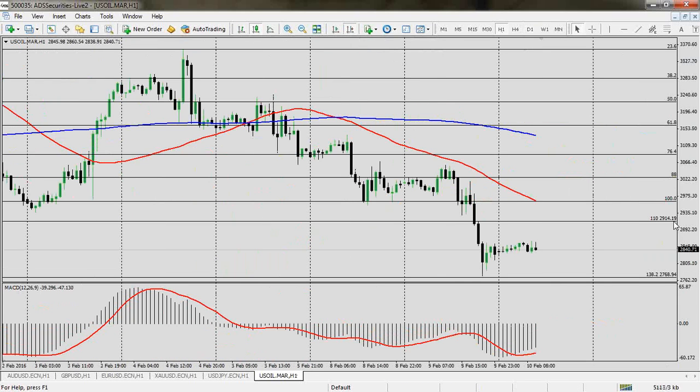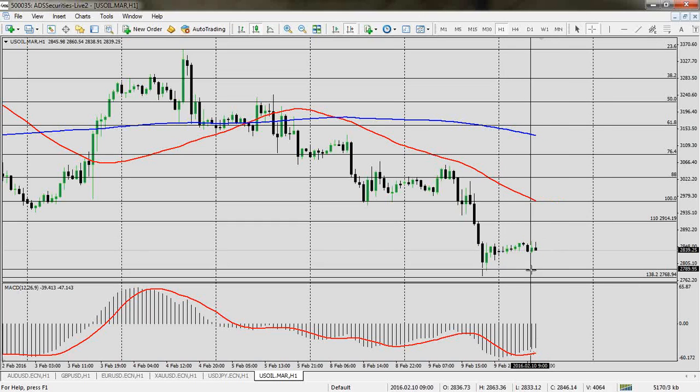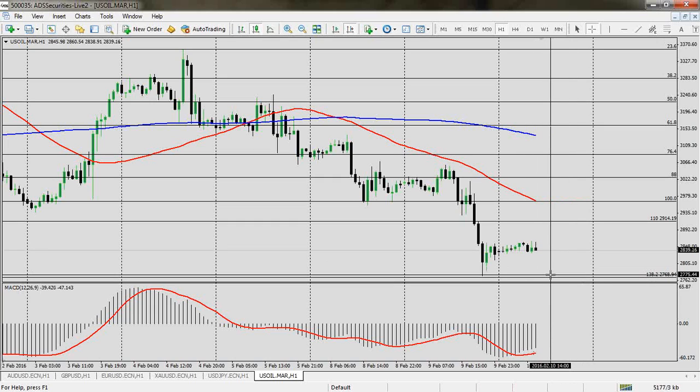We can see that it has been tested at 138.2%, which is at $27.68, and at the moment it is moving sideways. Generally, whenever the 138.2 level is unleashed, the next target becomes immediately 88%. So this level, and I'm looking at the $30 level once again.